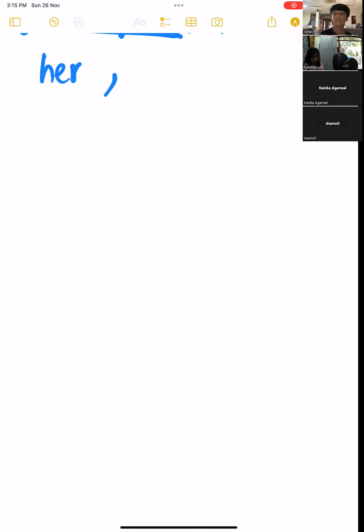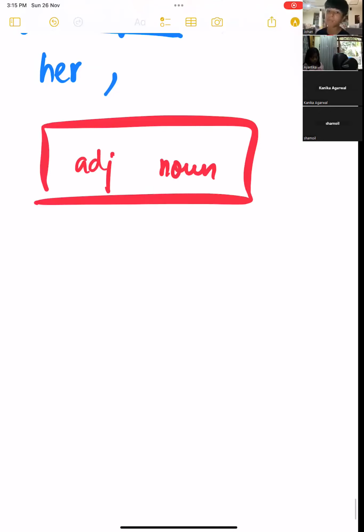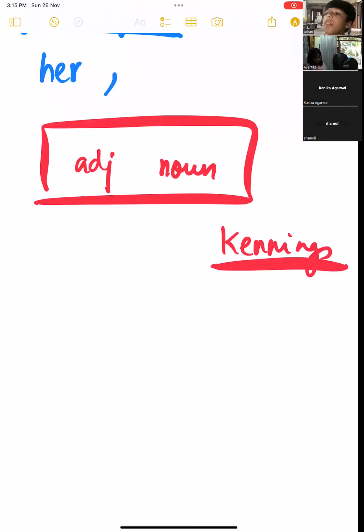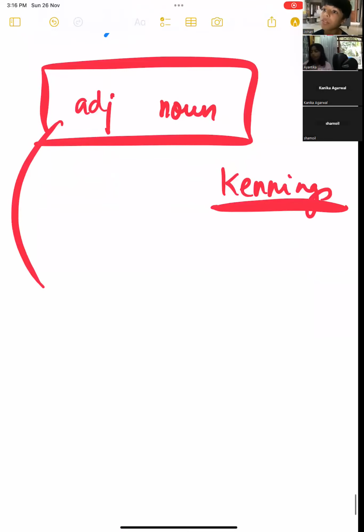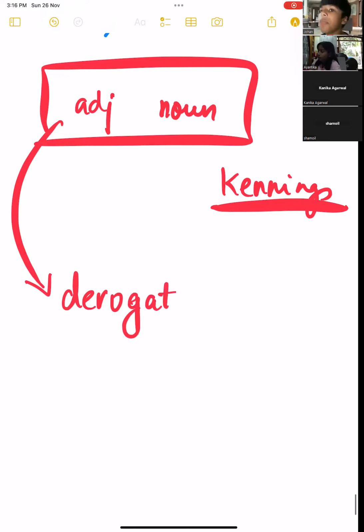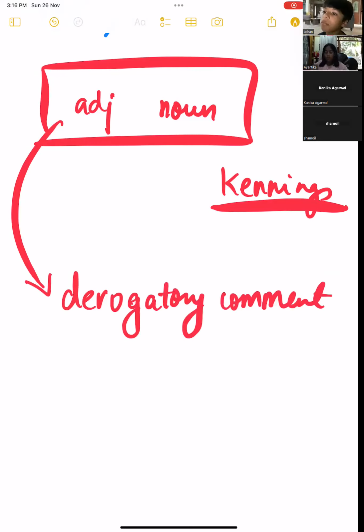So, sometimes, children, an adjective is always followed by one set of noun and they all go together. ठीक है, जैसे Kennings थे ना, Kennings, but Kennings is a very different type, like where you have a noun combination, adjective noun combination. So here derogatory will always be used with comment. ठीक है, a derogatory comment or a remark.